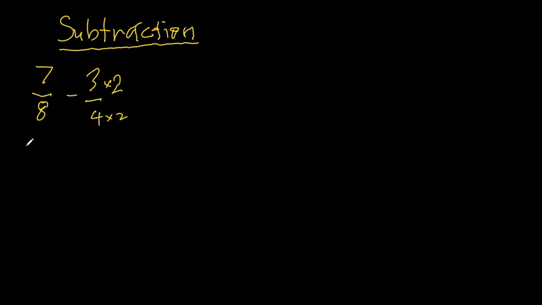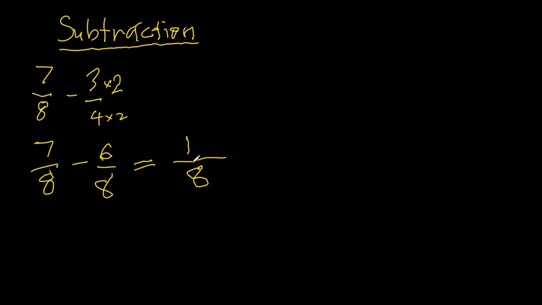So this then becomes 7 over 8 minus the top one becomes 6. The bottom is 8. We have a common denominator. Hooray! So we write a common denominator. And then on top we have 7 minus 6, which is 1. Right? So 7/8 minus 3/4 is 1/8. Right? All right, let's do another one.